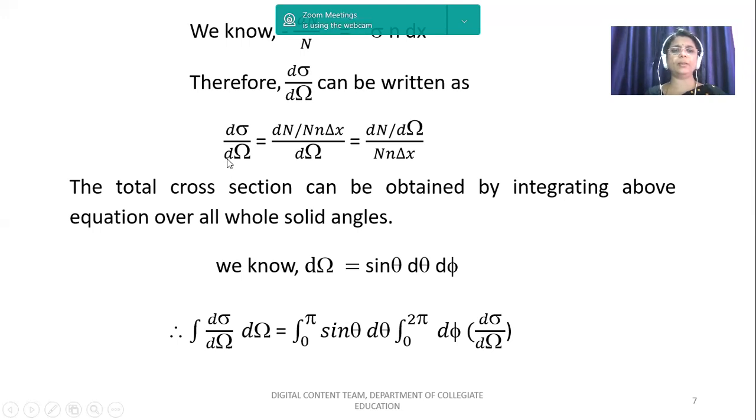So in the above equation, when I consider the integration, d sigma by d omega integrated over d omega will be equal to the integral of 0 to pi sine theta d theta, where theta varies from 0 to pi, and d phi varying from 0 to 2 pi, into d sigma by d omega. So d sigma by d omega is substituted by this value, and when you further integrate, you can get the expression for the total cross section, which is available for interaction between projectile particles and the target nucleus.